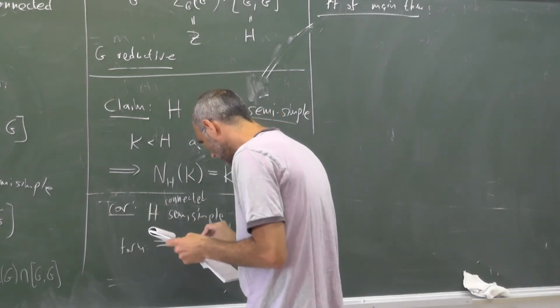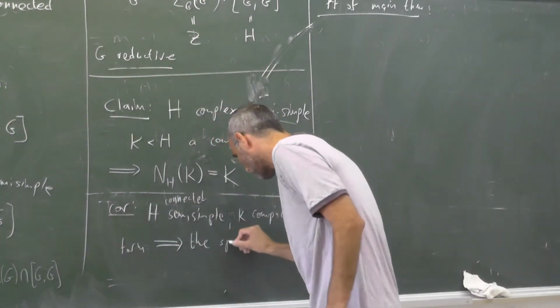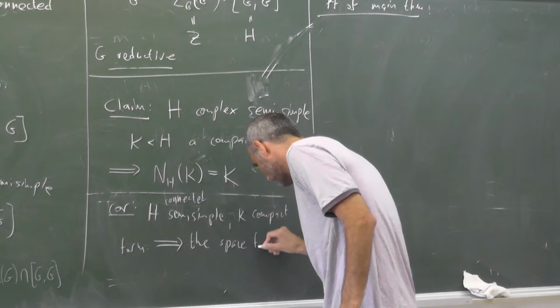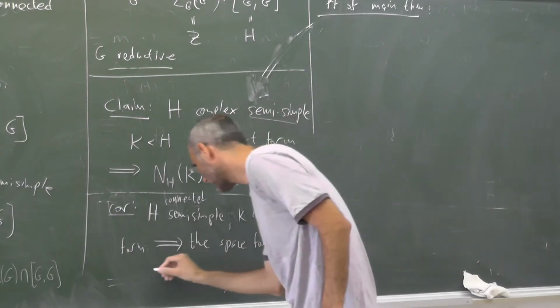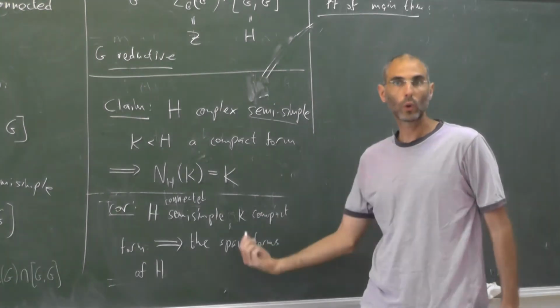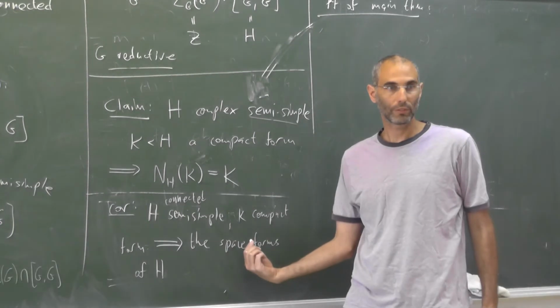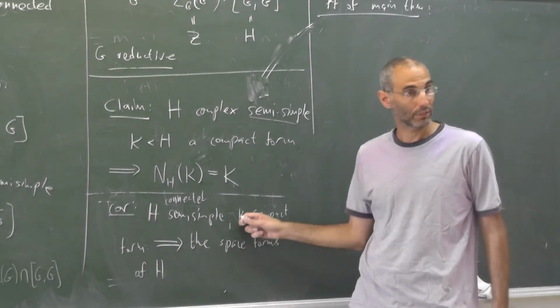Then this is a corollary of that thing. The space of compact forms of H. Look at all compact forms of H. They're all conjugates of K itself, right?